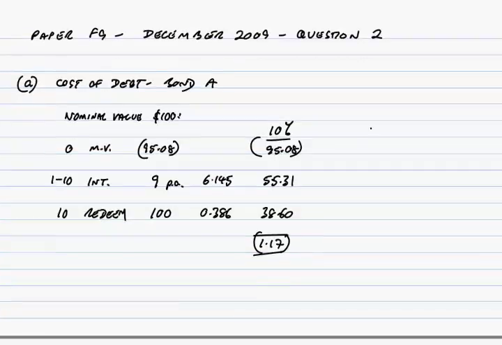I'll make a second guess at 8%. But I've already said any 2 guesses would have done. Make your second guess at 5% if you want. But at 8%, the annuity factor for 10 years, 6.710.